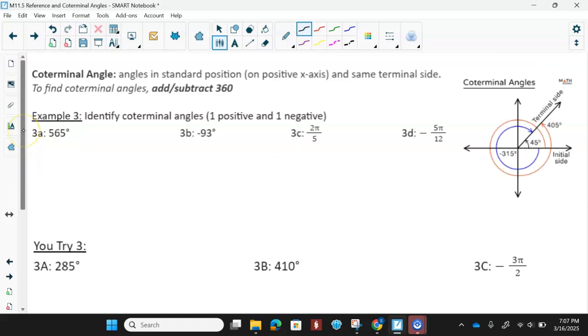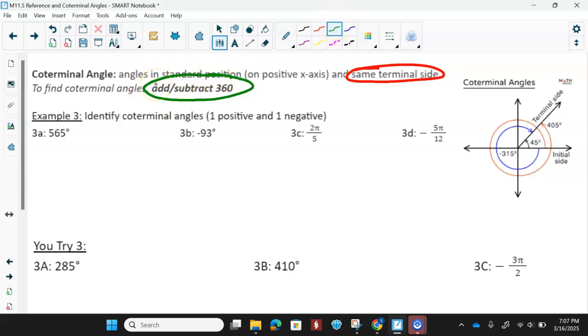Now here, the coterminal. Coterminal is just, again, an angle in standard position that has the same terminal side. So basically, we're just looking for the same angle. Mathematically, we are adding and subtracting 360.